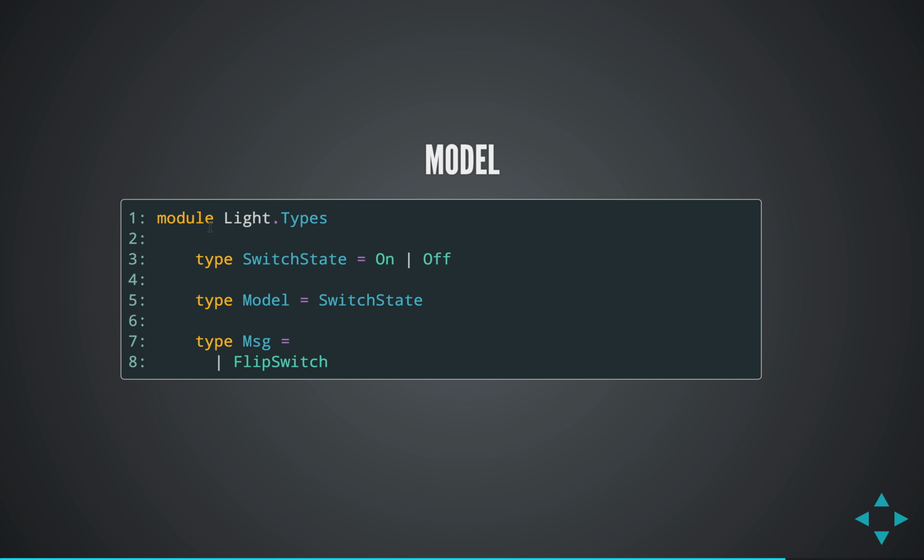So we define a module called lights, and we define types that define our model. There's a type switch state, which can be on or off. The type of our model is switch state, and we have a message that is flip switch.